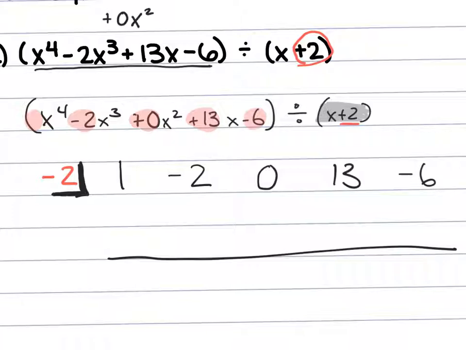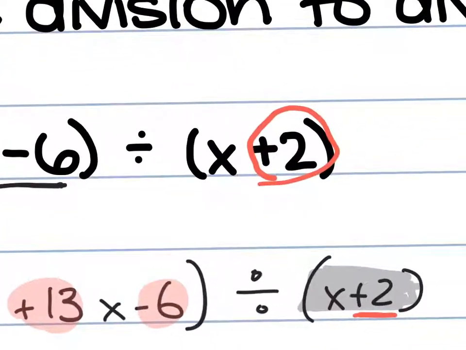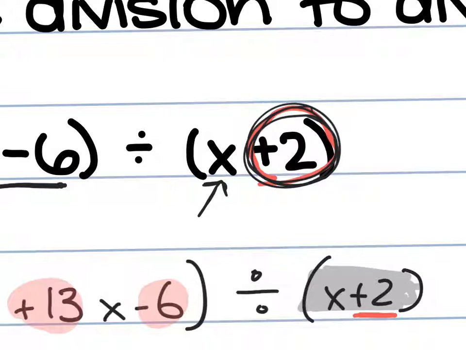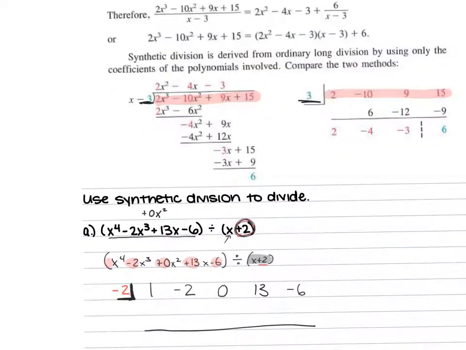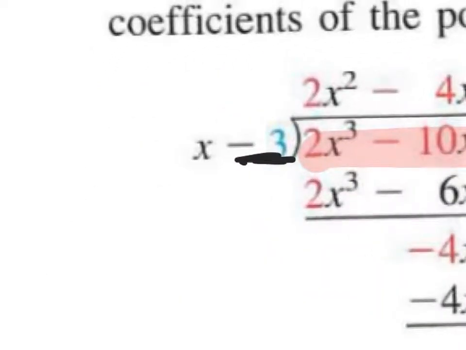Why did you do negative 2 again in the beginning? Oh, because, I'm going to show you a different example in a minute, but when you have x all by itself like this, when that variable is just by itself, all we're going to do is take the opposite of this number. And the opposite of 2 is? Negative 2. Notice up here that this was x minus 3.